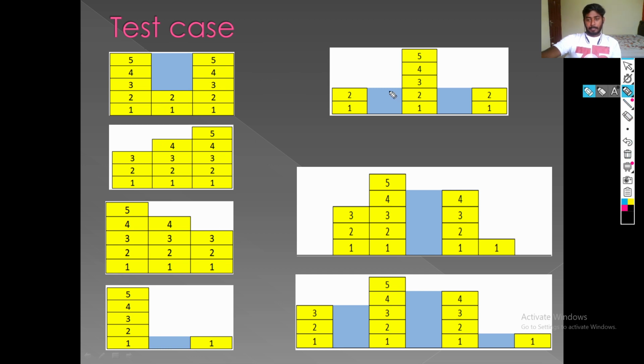This is how we have to calculate the water storage. In this example, I will tell you, we should not take into consideration the left first block and the right side first block, which means the first block and the last block of the list.